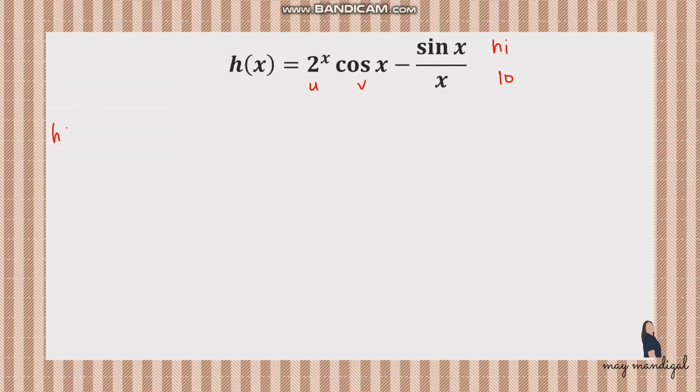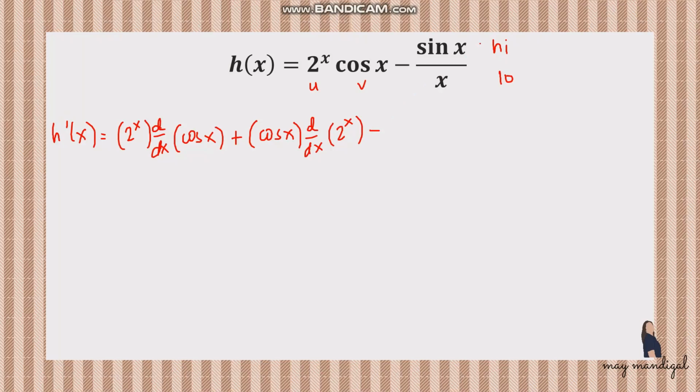So we have h prime of x is equal to, so let's apply now the product rule. So u dv plus v du minus, and then we have to apply the quotient rule here.